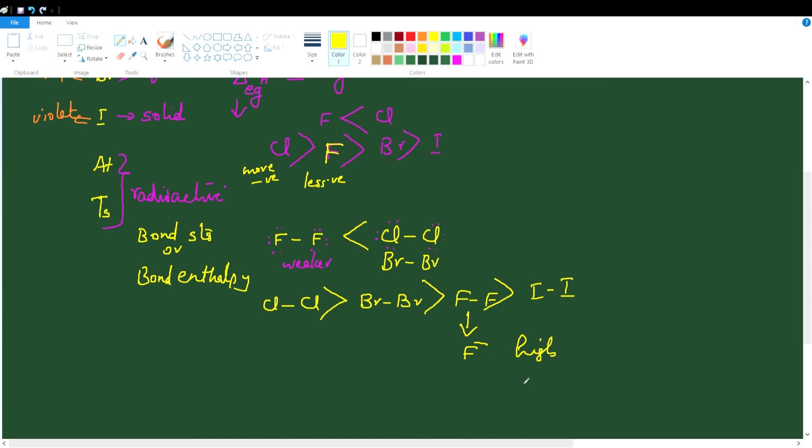F- ion is stabilized due to high hydration enthalpy. Hydration enthalpy of fluoride ion is very high and low bond dissociation enthalpy of fluorine bond make fluorine the strongest oxidizing agent.